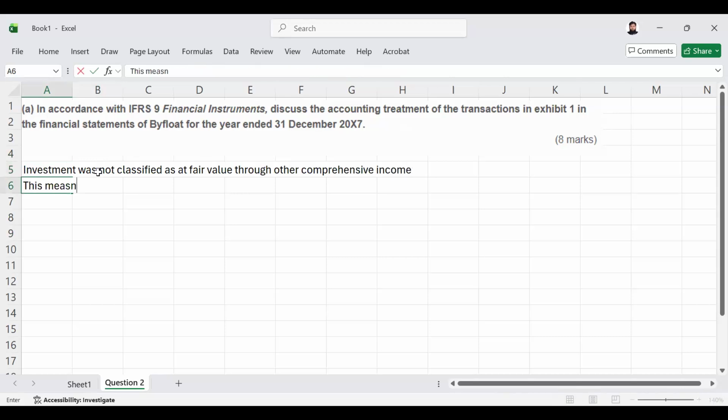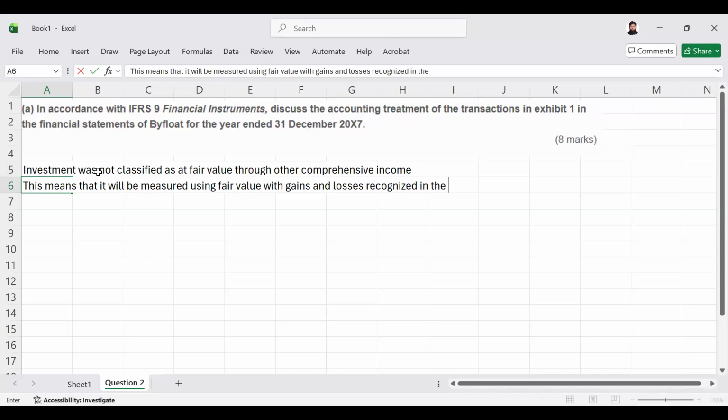This means that it will be measured using fair value with gains and losses recognized in the income statement.